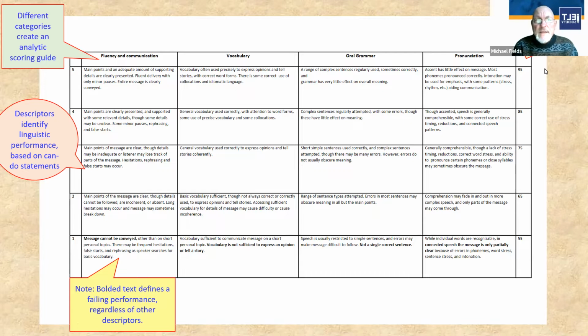You see the scores here are based on letter grades, right? So there's a 95, which is an A, 85, which is a B, 75, 65, and 55. And in my own teaching and workplace situation, I've had discussions about why we don't go all the way down to a 0.